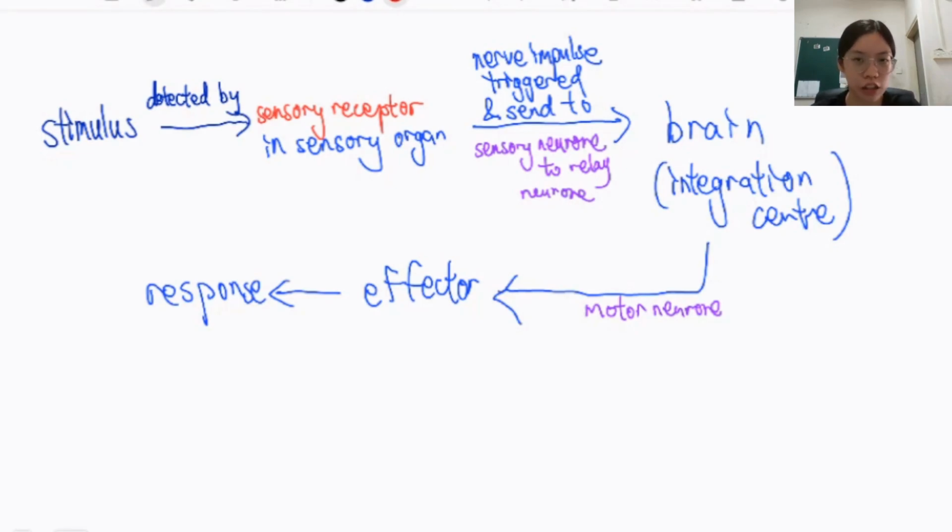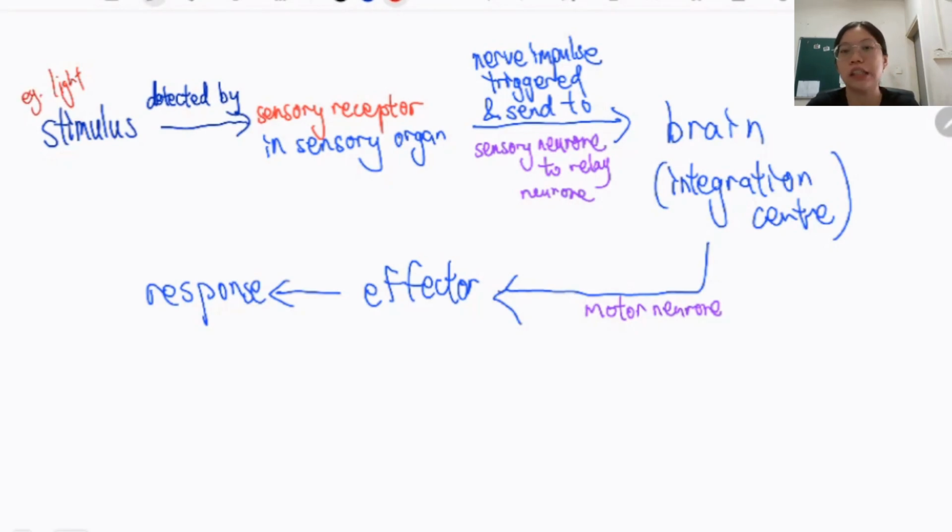What are the sensory receptors? We learned photoreceptor, chemoreceptor, baroreceptor, nociceptor. Those are the sensory receptors. Let's say you want to talk about a light stimulus: it is detected by, for example, a photoreceptor in your sensory organ.